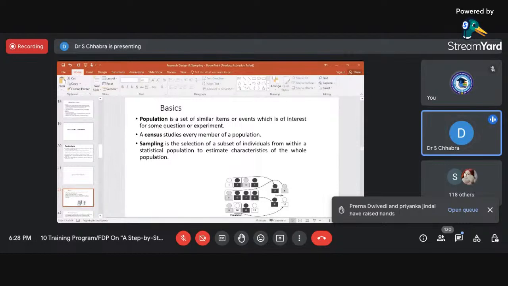And remember, if you are doing research in a very niche area, or a smaller size of area, then obviously a census is highly recommended, because then every member of your population becomes your sample.